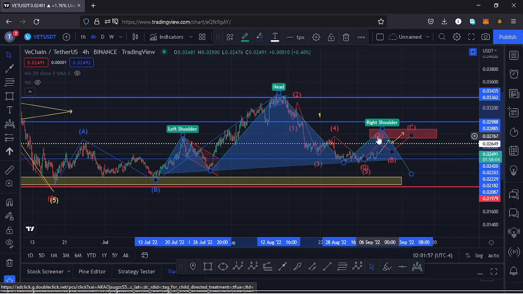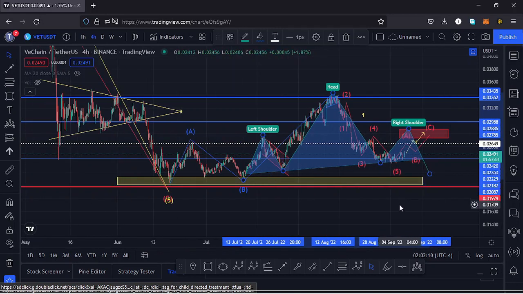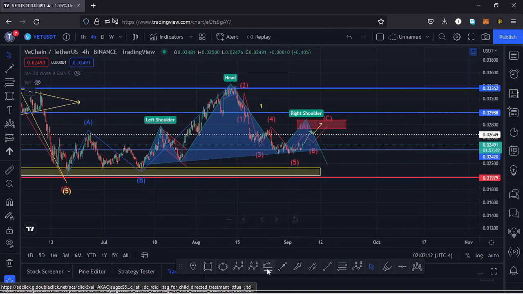So once the formation of a wave 2 plays out and we continue pushing lower in the formation of a third wave, that will be completing the formation of that head and shoulders pattern, which is a pattern that normally breaks to the lower side, having the target area of that breakout as the height between the head and the neckline. So using a trend line, I can get that height and place it down here to get a target area to the lower side.